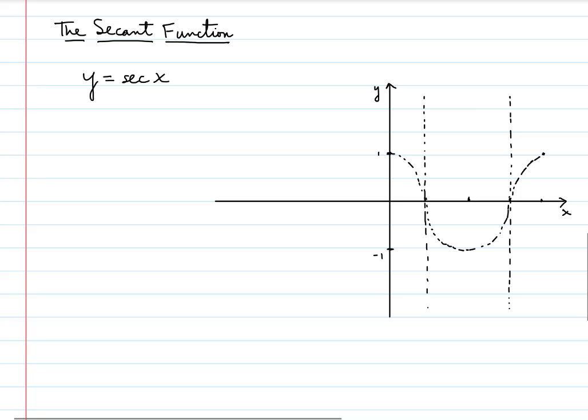Okay, similarly for secant, since secant is the reciprocal of cosine, we're going to use the cosine function to get the graph of the secant function. Notice how I already have the cosine function graph outlined here, and we know that the asymptotes are where that cosine function intercepts the midline, which is the x-axis in this case. And just like we did for cosecant, the secant function will look like this. It's going to be very similar.